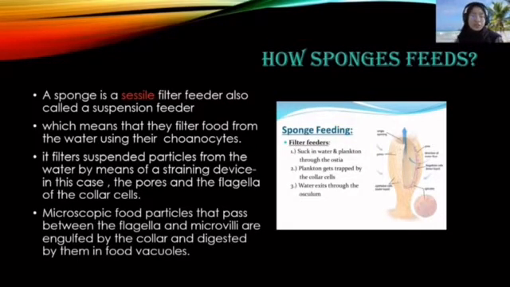It filters suspended particles from the water by means of a straining device, in this case the pores and the flagella of the collar cells. Microscopic food particles that pass between the flagella and microvilli are engulfed by the collar cells and digested in food vacuoles. Here is an example of how a sponge feeds. First, it sucks in water and plankton through the ostia. Second, plankton gets trapped by the collar cells. Third, water exits through the osculum.